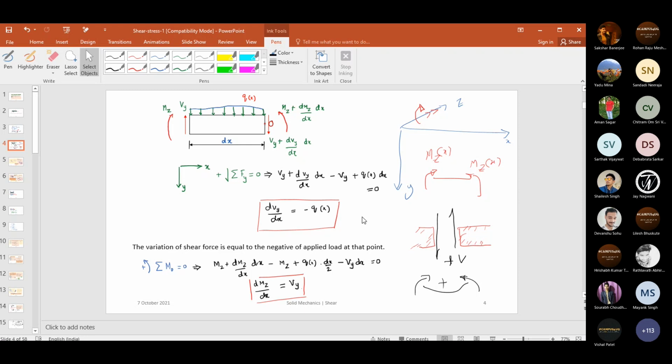There is one more dx missing here, into dx. So why have you written qx into dx by 2? Wait a minute, I'll tell you.